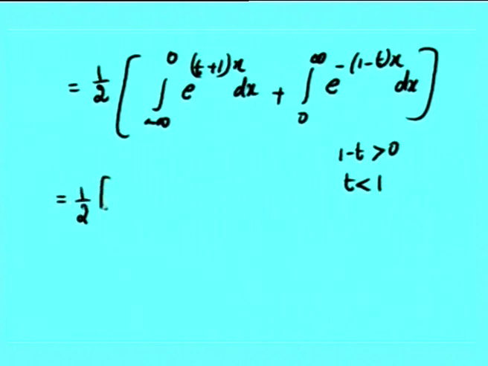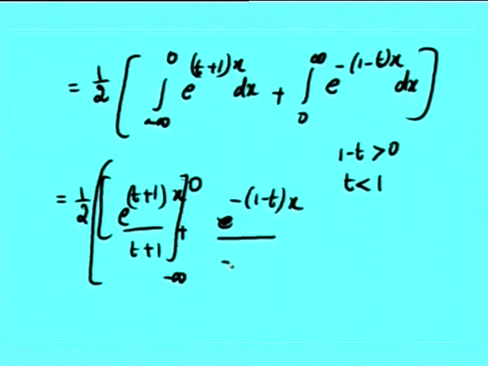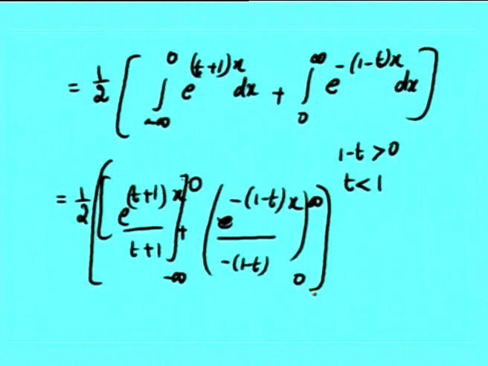1 by 2 e power t plus 1 into x by t plus 1 within the limits minus infinity to 0 plus e power minus of 1 minus t into x by minus of 1 minus t within the limits 0 to infinity.